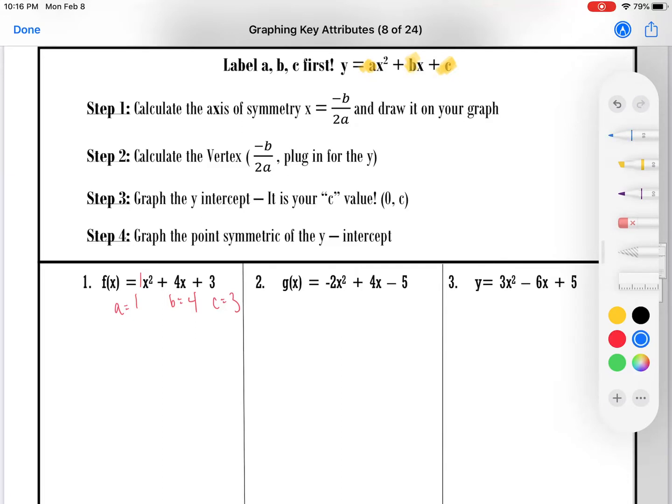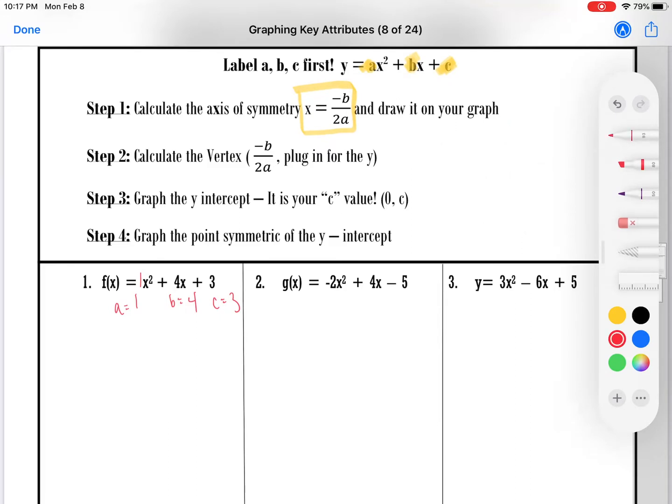Then it says that we calculate the axis of symmetry. The axis of symmetry is the line that cuts through the middle. It's kind of ugly, sorry. It's the line that cuts through the middle of a quadratic function, of a parabola. In order to figure out where that line is, there's this formula called negative b over 2a.